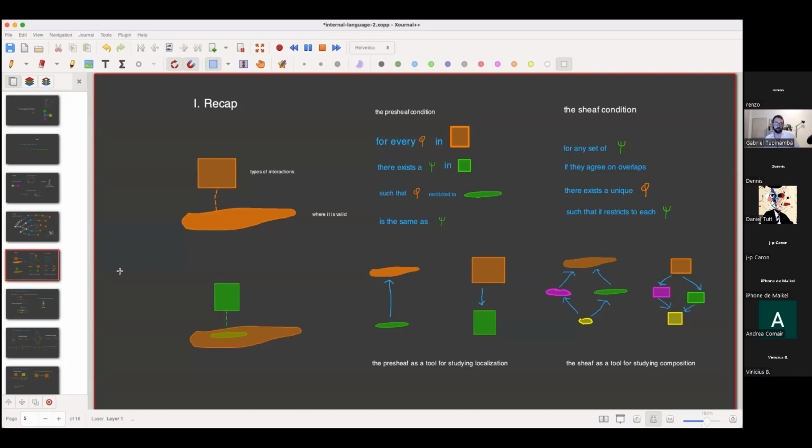So this means that you can restrict the protesters to those who hate the police, and you would find the subset of everything that's in the square, which is both like a protester and like hates the police. So you can like find, I don't know, like black blocks, so you can localize hating the police inside being a protester, right? Something like that.